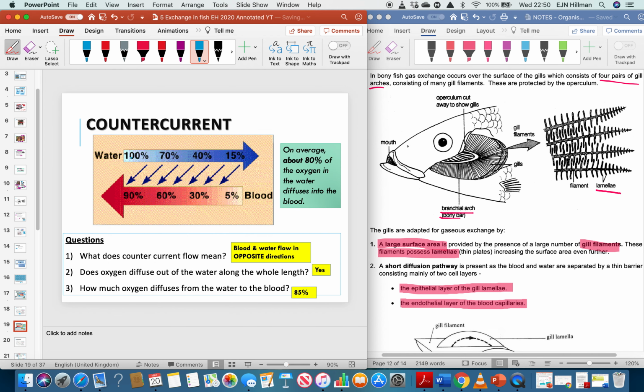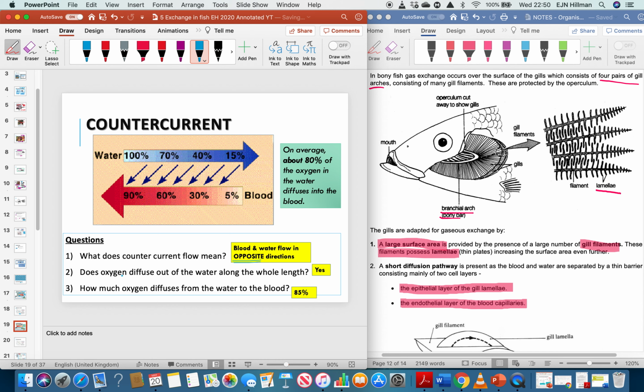Now, what we find there is water always comes into contact with blood with a lower concentration of oxygen. Okay, so for the first mark in a question about countercurrent flow, you must say that the blood and the water flow in opposite directions. Use that phrase exactly.